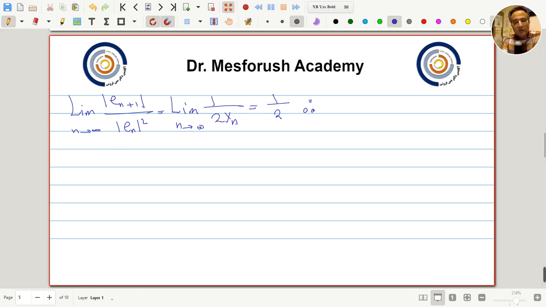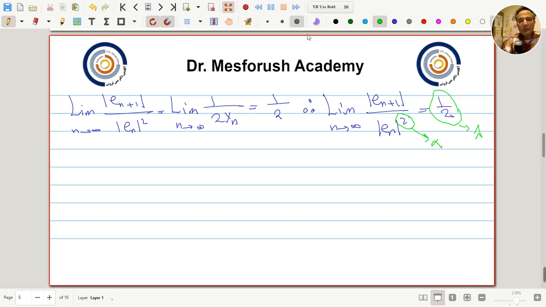We get the limit of the absolute value of e_{n+1} over e_n squared equal to half when n goes to infinity.